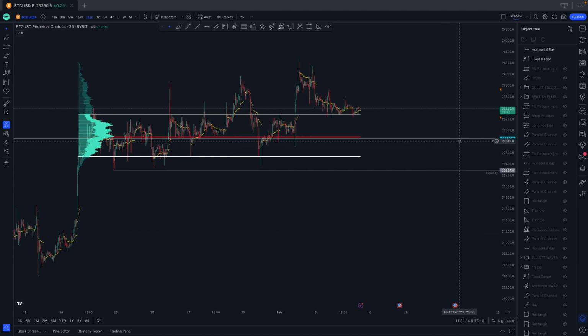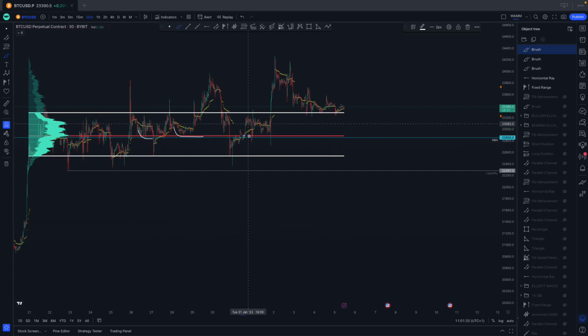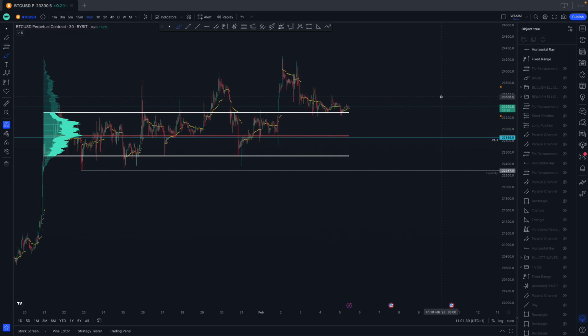We know that we have the value area high, but it's more for the higher time frame. We can see that it provided really good support here, resistance, support. It is an important level, and we can actually see that the point of control is there.